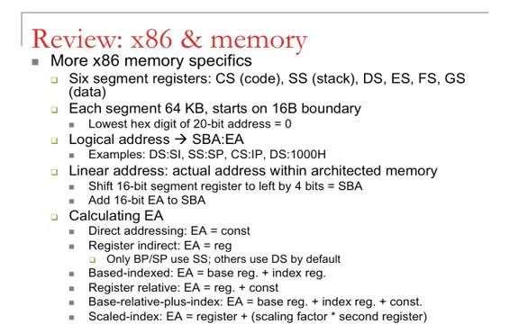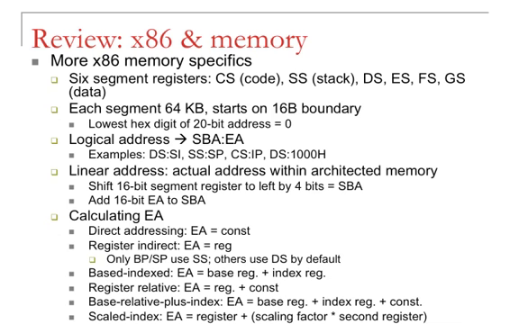The first step is to shift the segment base register to the left by 4 bits. The second step is to add the 16-bit effective address. So you do shift, then add. The final result is a 20-bit address, and that is the linear address.